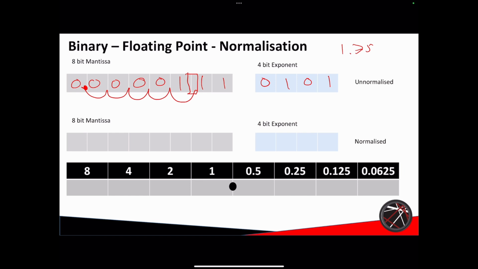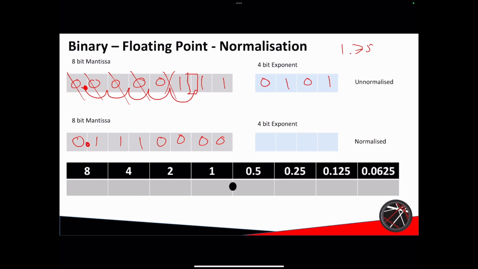What we need to do to normalise this is to get rid of all of these zeros, because for it to be normalised, if you remember, it should be here in that position there. So when we redraw that out, we would have 0, 1, 1, 1, 0, 0, 0, and therefore the decimal place is now in its correct position.